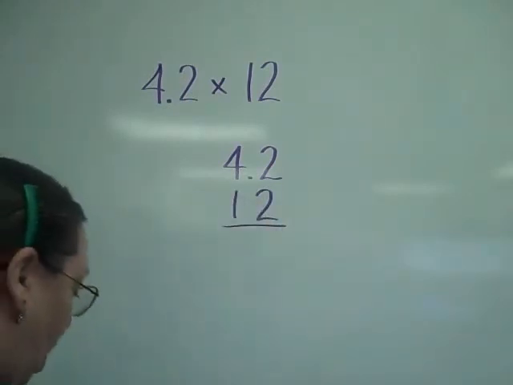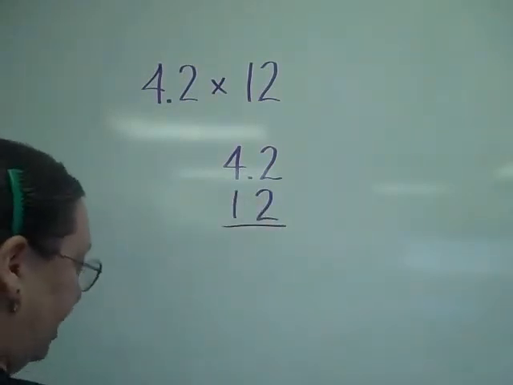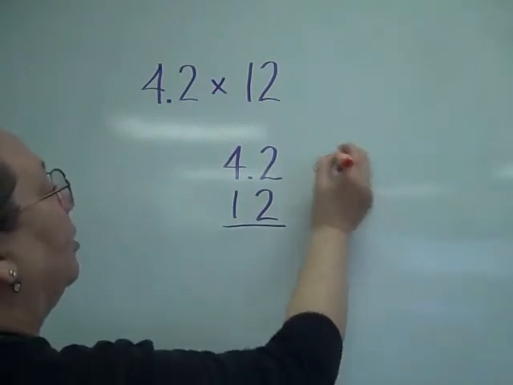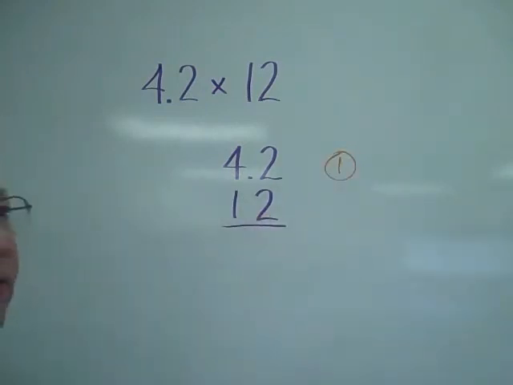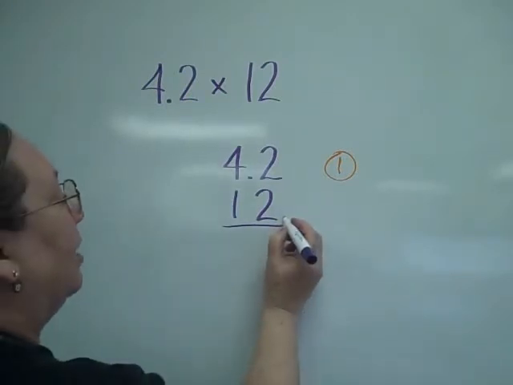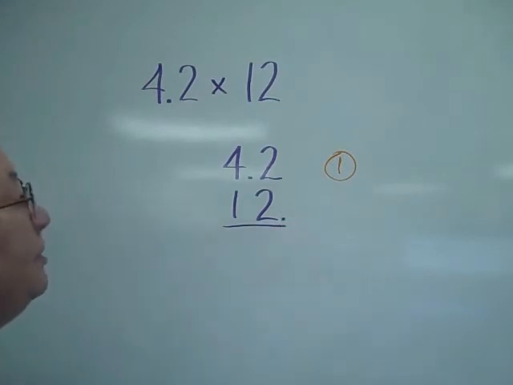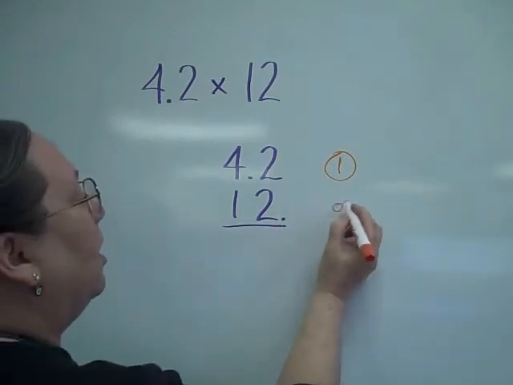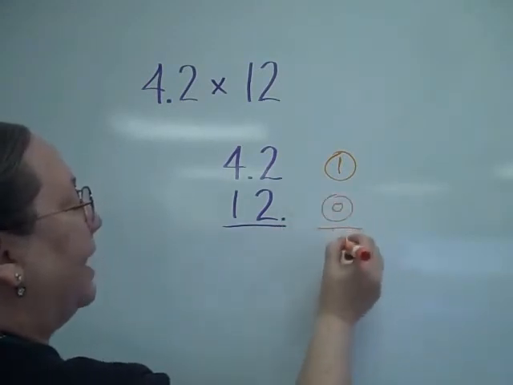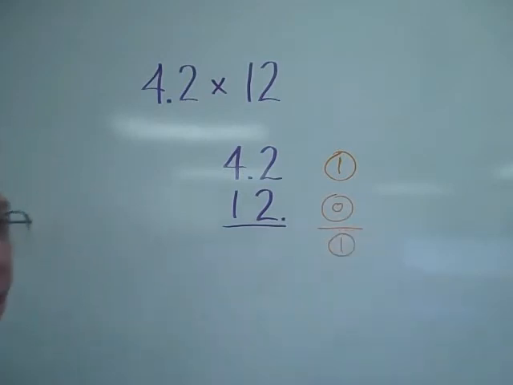Obviously I have 1 in this problem. Where's the decimal on the 12? Again, remember, the period's at the end of the sentence. The decimal is at the end of the number, which means I have 0 here, which means my answer is going to have a total of 1 number behind the decimal point.